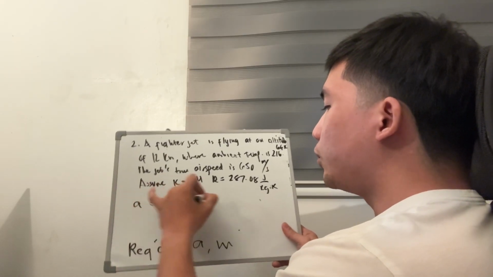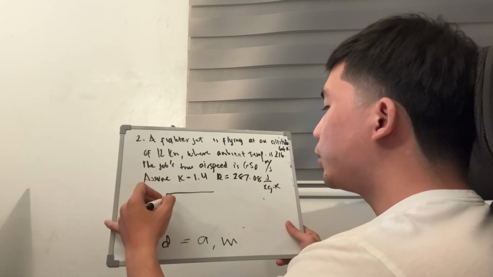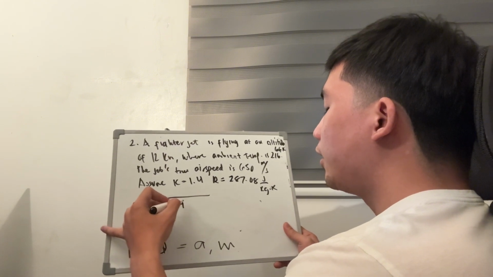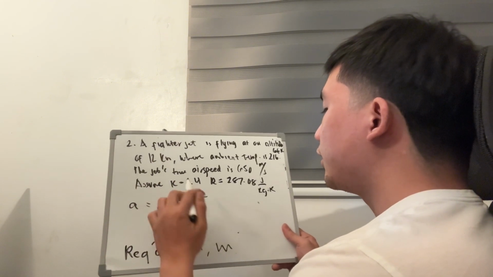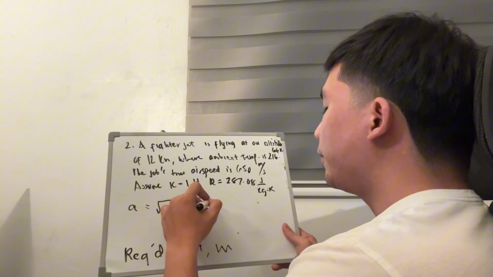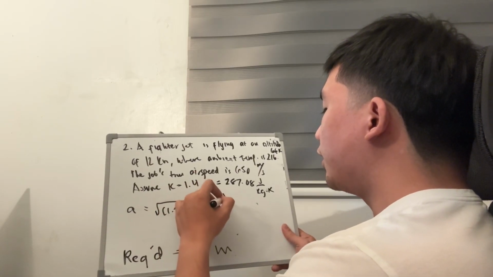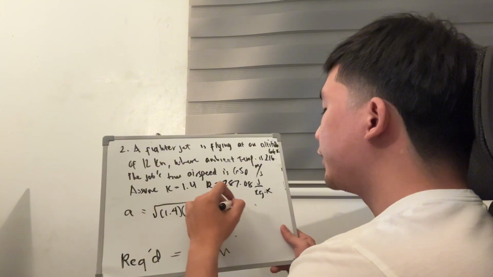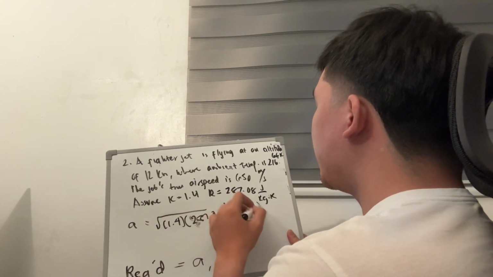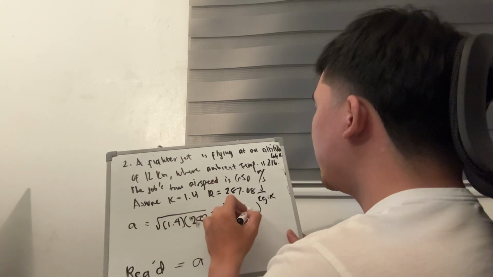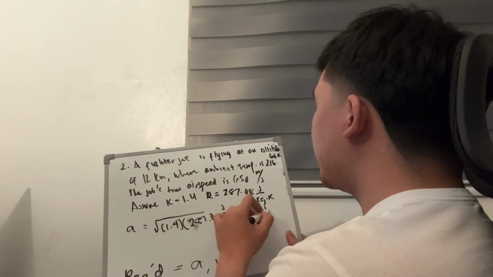A is equal to square root of K, which is 1.4, and R, which is 287.08 J/kg·K, and our temperature, which is 216.66 K.